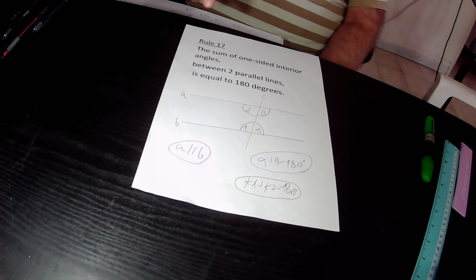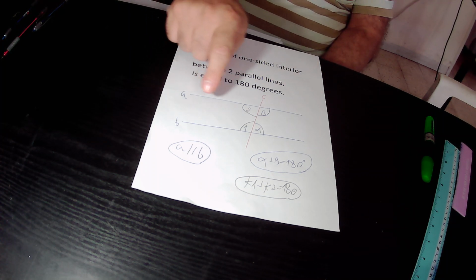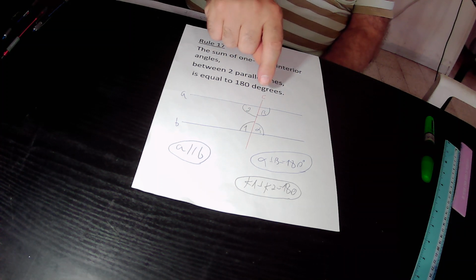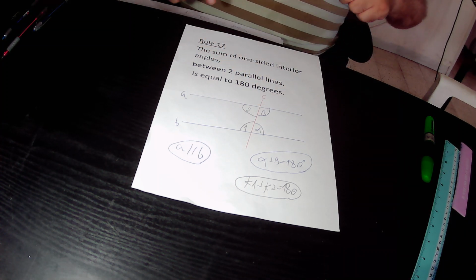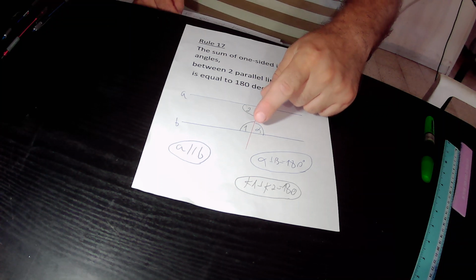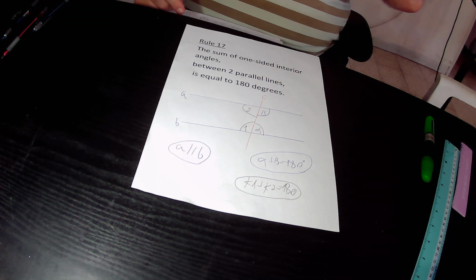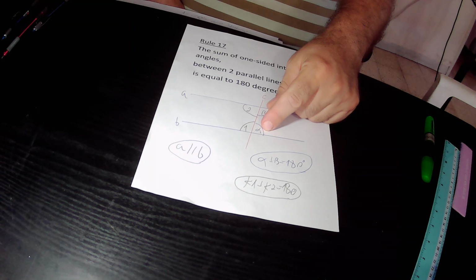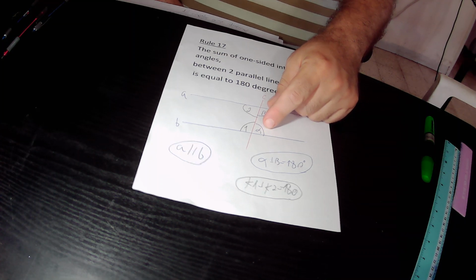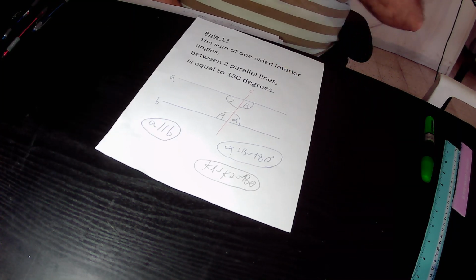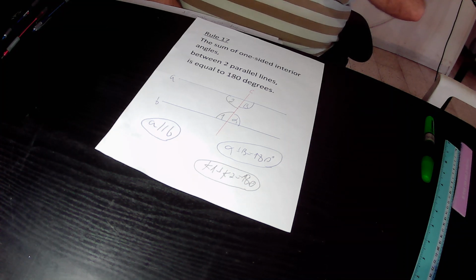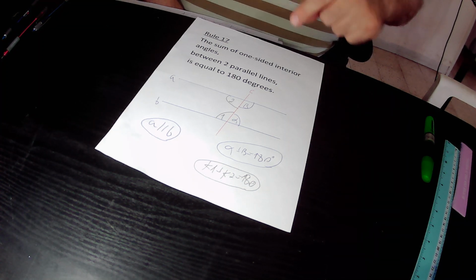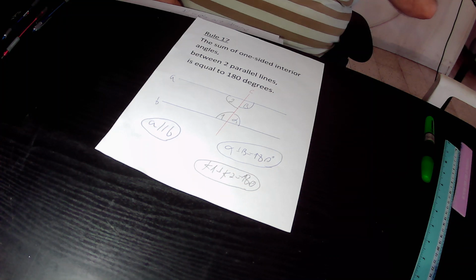So at the moment we have line A that is parallel to line B, and line C intersects those two lines A and B at those 2 points. In addition, we have those 2 angles alpha and beta that are defined as one-sided interior angles, and according to rule 17, the sum of 2 one-sided interior angles is equal to 180 degrees. That is to say, alpha plus beta equals 180 degrees.